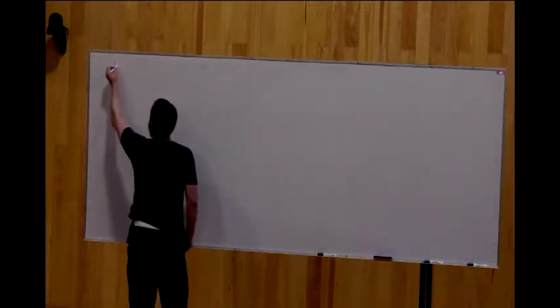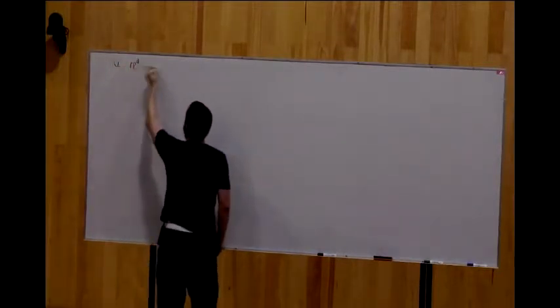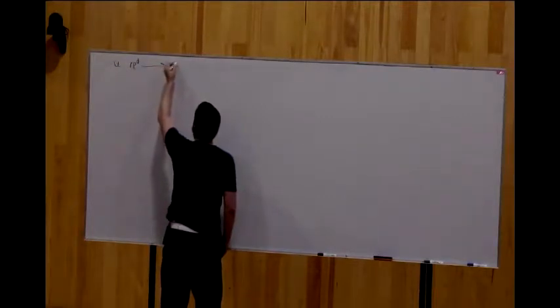So maybe I will just write the equations. First we will have some function, and it will be in the whole space, and it will be a vector valued function into Cn actually, a complex vector valued function. I'll explain why in the moment.